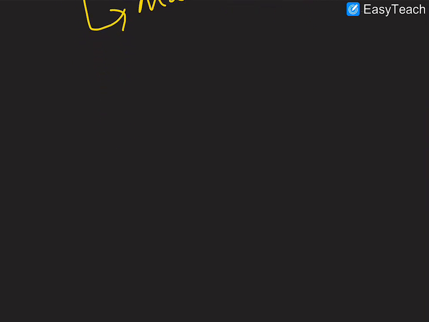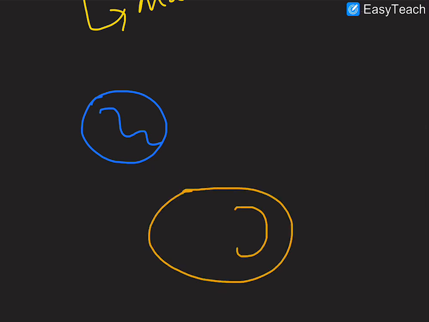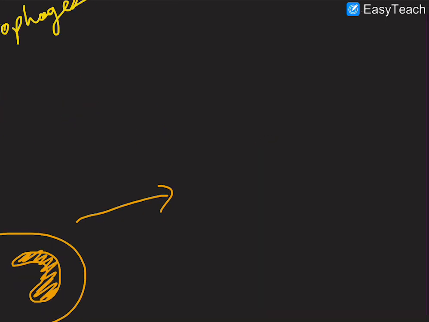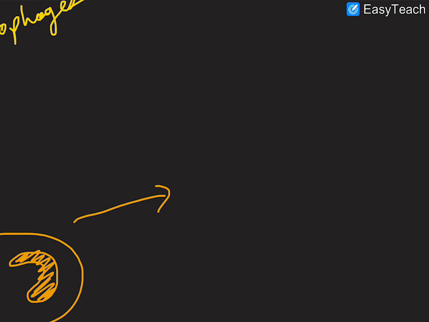So let's say you have a virus with single-stranded RNA, and you have a macrophage or a dendritic cell that sees this virus. Of course, it's going to try to phagocytose this virus and take it in. Let me draw this macrophage a little bigger.